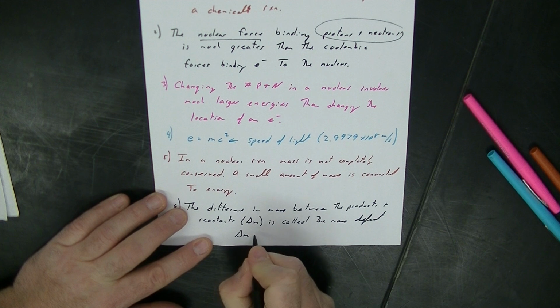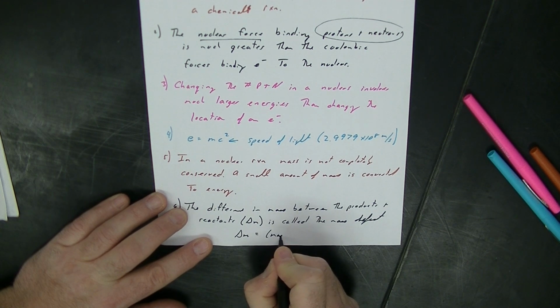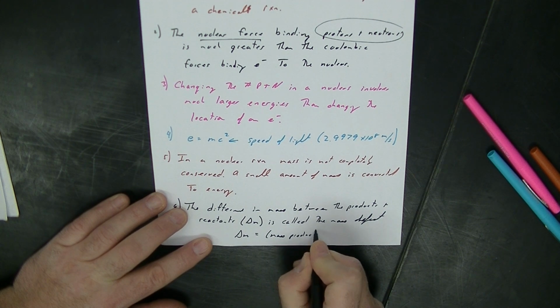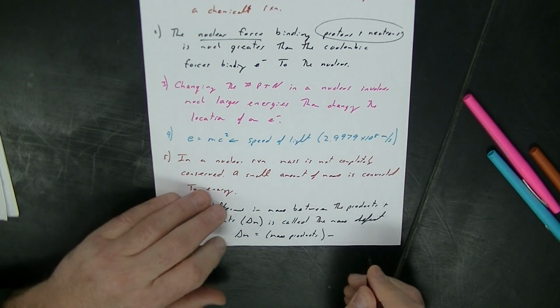And delta M is equal to the mass of the products minus the mass of the reactants.